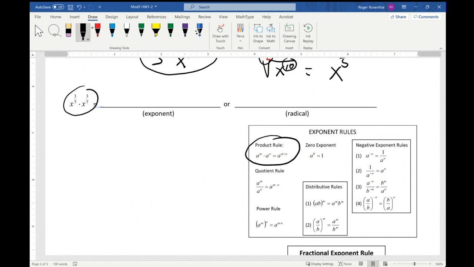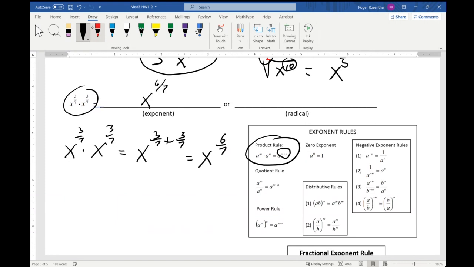The product rule works as long as the bases match, which they do, and then you do something with the exponent. What we're doing with the exponent is the product rule says to add them. So this is equal to x to the 3/7 plus 3/7, and that would be x to the 6/7. So that's equal to x to the 6/7 power.